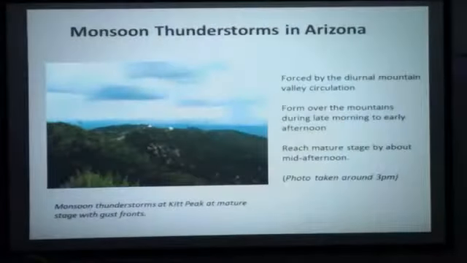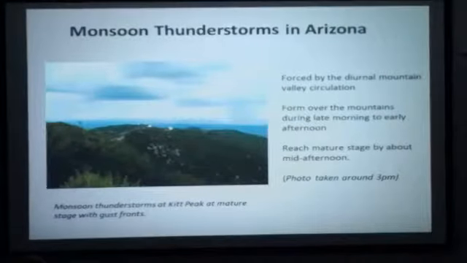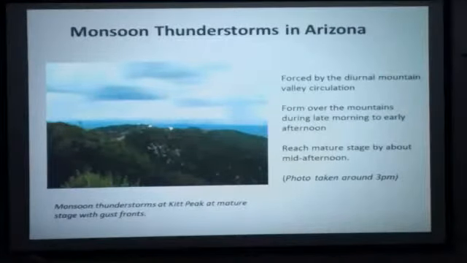If you at least have the thermodynamic conditions going for you, you get typical air mass thunderstorms, on a very small localized, kilometer scale, forced by the diurnal mountain-valley circulation. They follow closely the diurnal cycle of heating of the terrain, forming over the mountains during the late morning to early afternoon, and reaching a mature stage by about mid-afternoon.